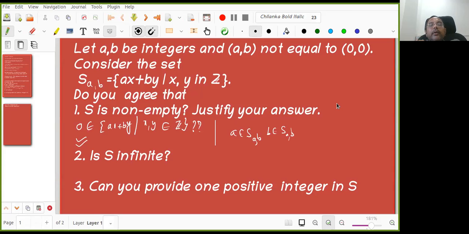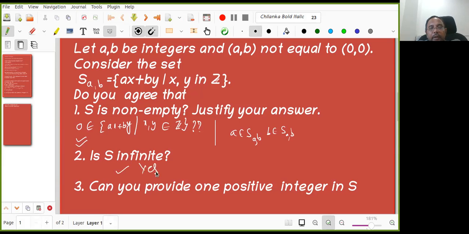If A is non-zero, I can keep y zero and vary x, which itself gives an infinite subset. If B is non-zero, I can keep x equal to 0 and vary y. They are infinite. So this is always infinite. Great.